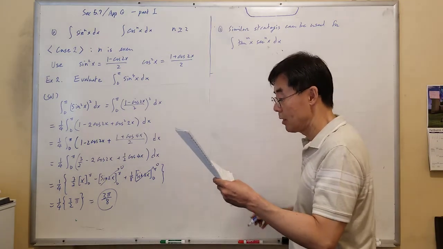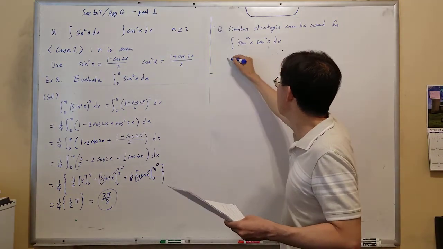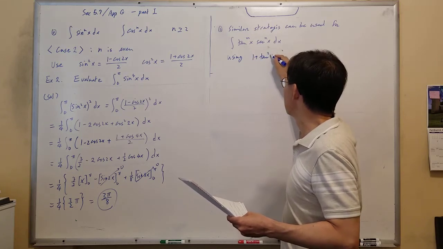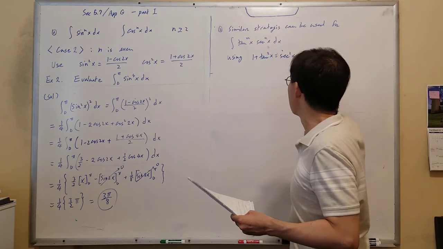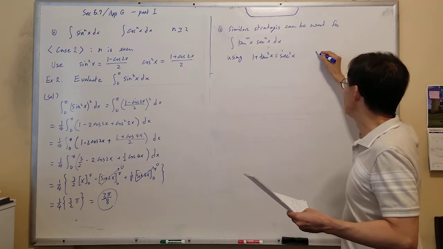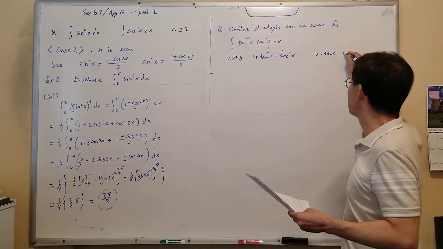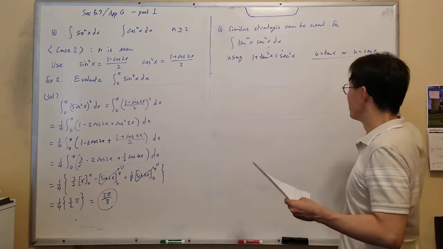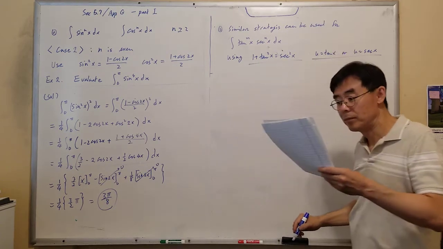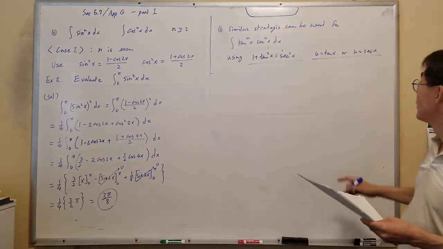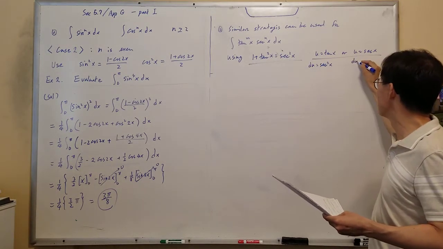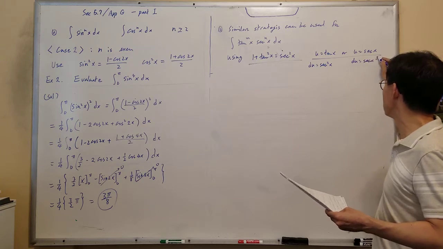So using 1 plus tangent squared of x equals secant squared of x. Use u equals tangent of x, or u equals secant of x. Okay? In that case, obviously, du equals secant squared of x dx. In this case, du equals secant x tangent x dx.